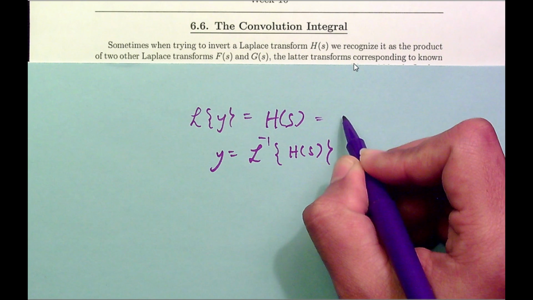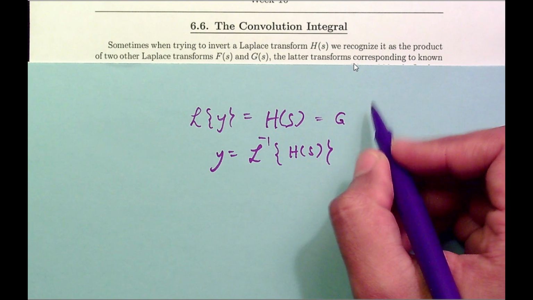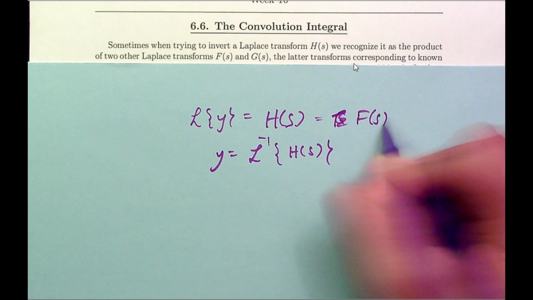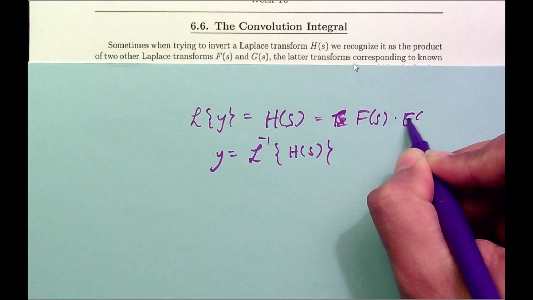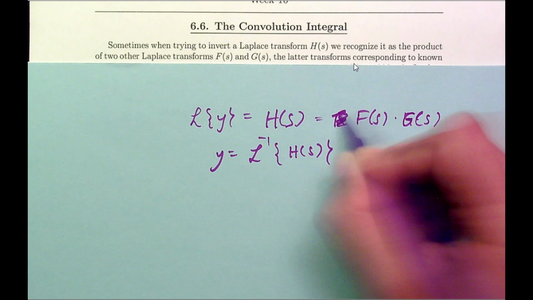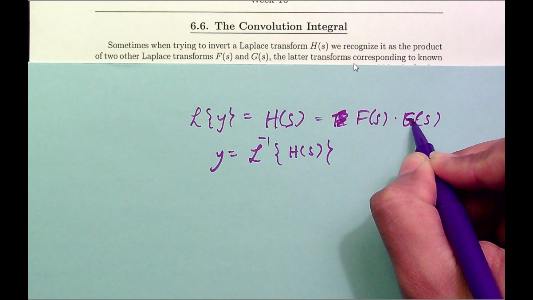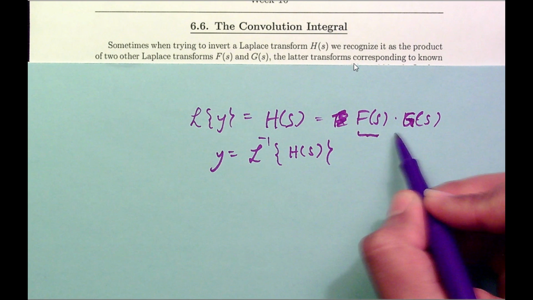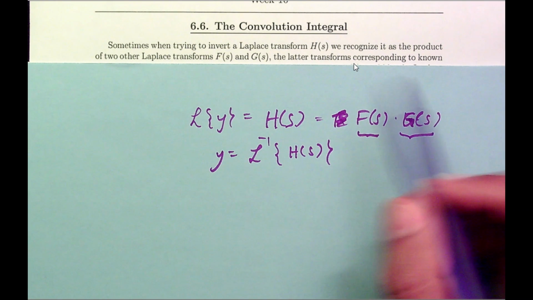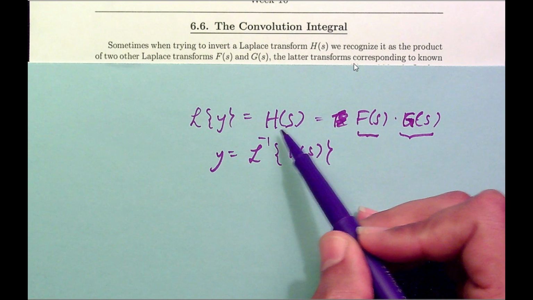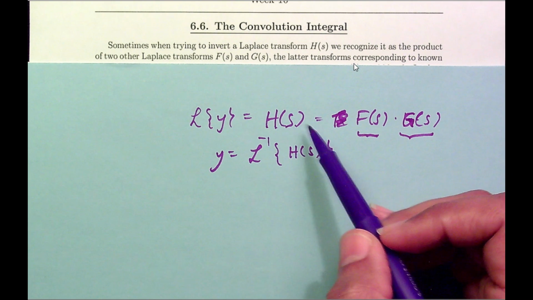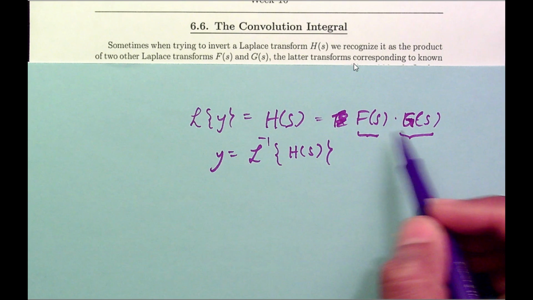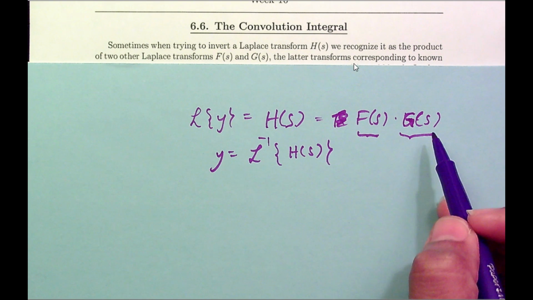So sometimes we might recognize that h is perhaps, let's say, f of s times g of s, where this one we can invert, and that one we can invert. Looking at h, it is not obvious how to invert it, but you might be able to factor h into the product of two other functions, each of which you can invert.